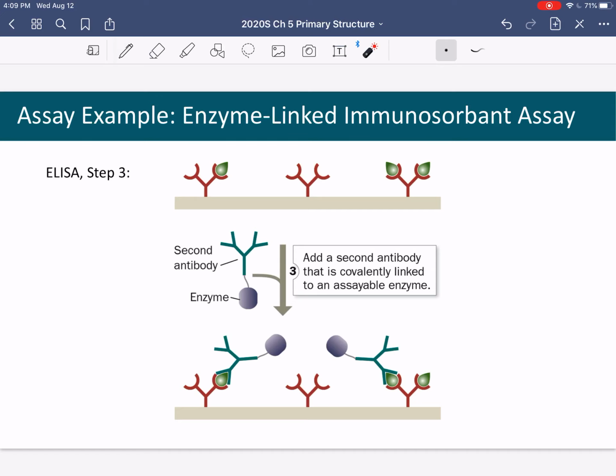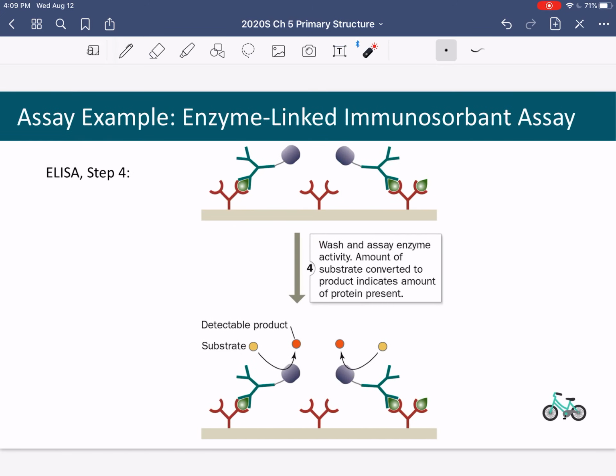And then you wash again so that you have your secondary antibody and the enzyme attached to it only present in those samples that are immobilized to the sample plate and where your primary antibody, the red antibody, is engaging your green teardrop protein.